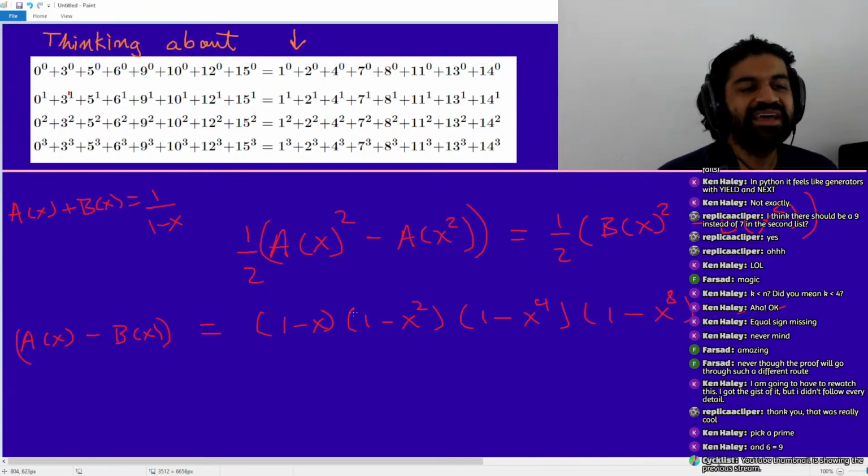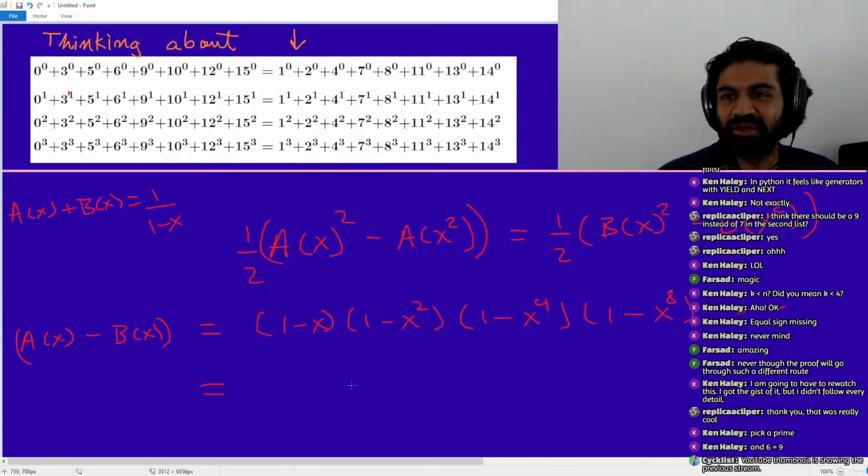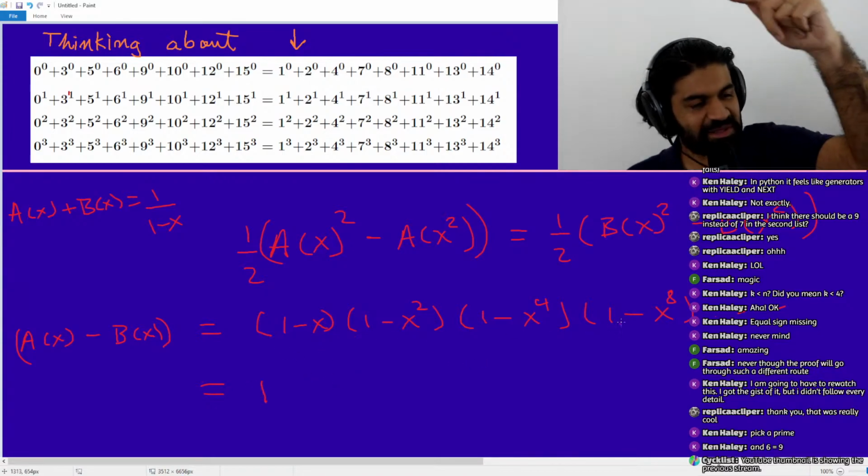You can think about multiplying this out, and then you can think about when the coefficient of x to the n is going to be positive and when it's going to be negative. For example, you'll get a 1 from multiplying all the ones.